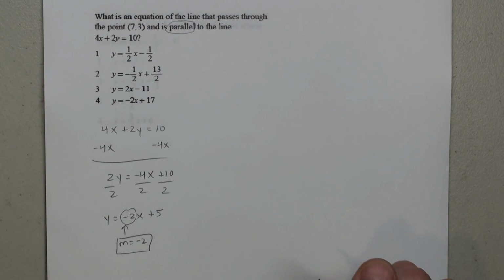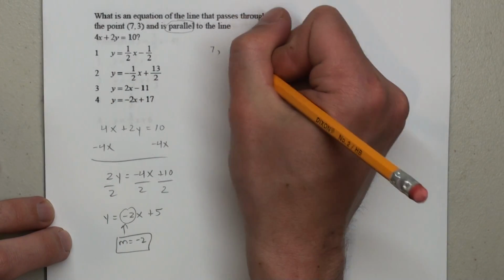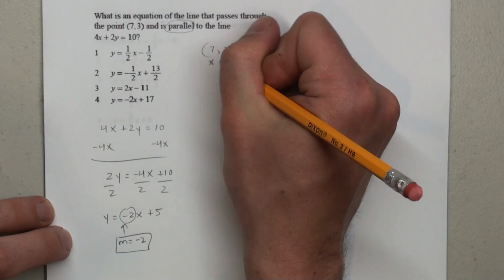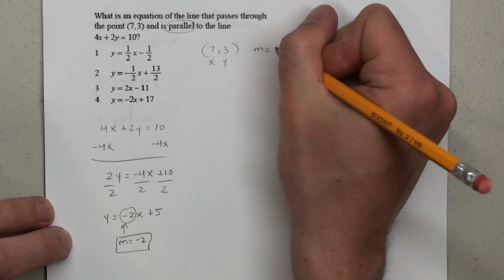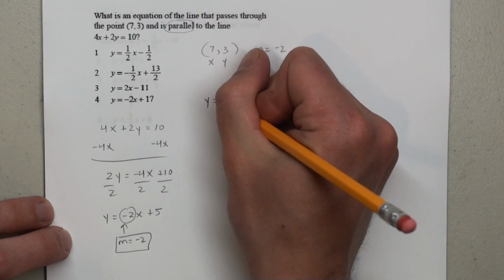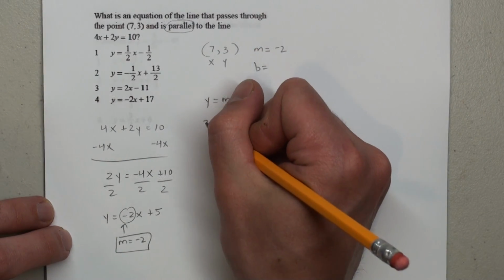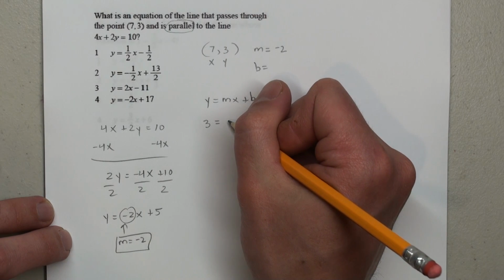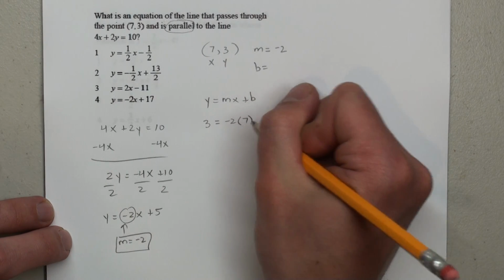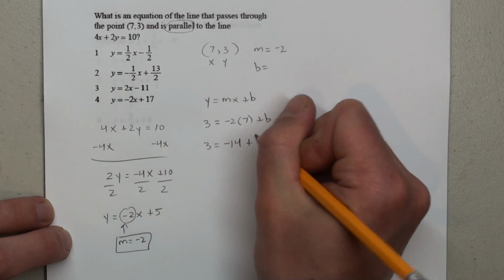Since the lines are parallel, I'm using that slope, negative 2. So I have my xy point, which is really nice, and my slope is negative 2. I just don't know my b. But I know everything else in the formula y equals mx plus b, so I can find my b. 3 equals negative 2 times 7 plus b. 3 equals negative 14 plus b.